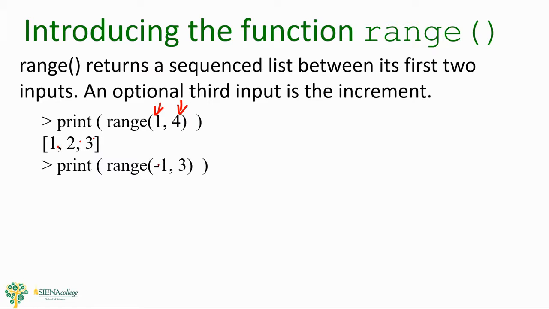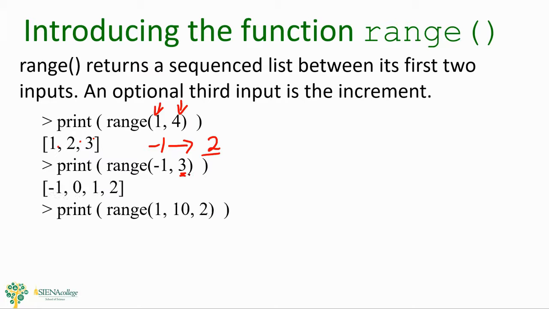We can start off with a negative number. So range -1 to 3 will give us from -1 through the number 2, 1 less than 3. We never reach the final number. So -1, 0, 1, and 2.